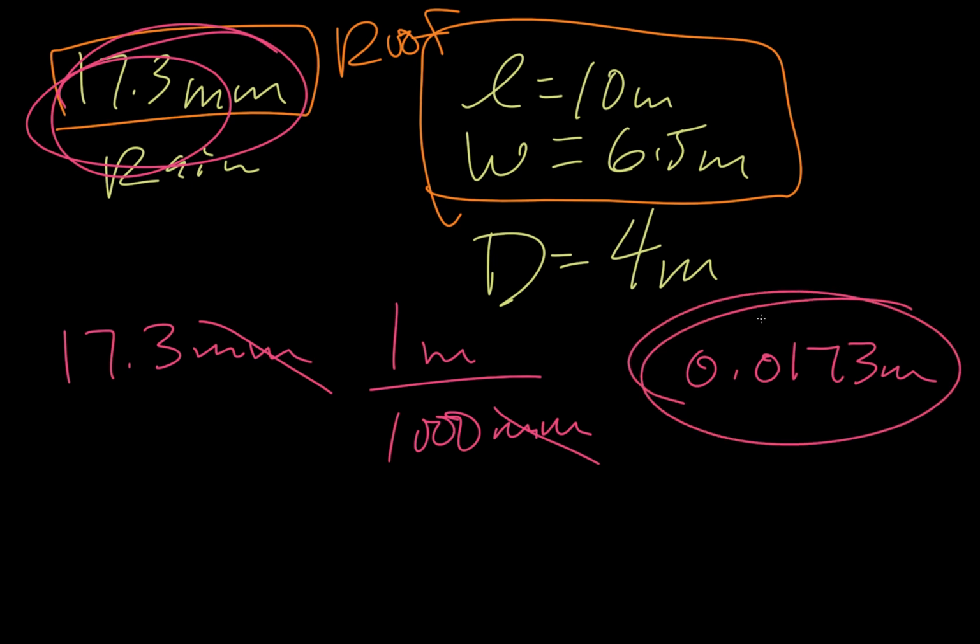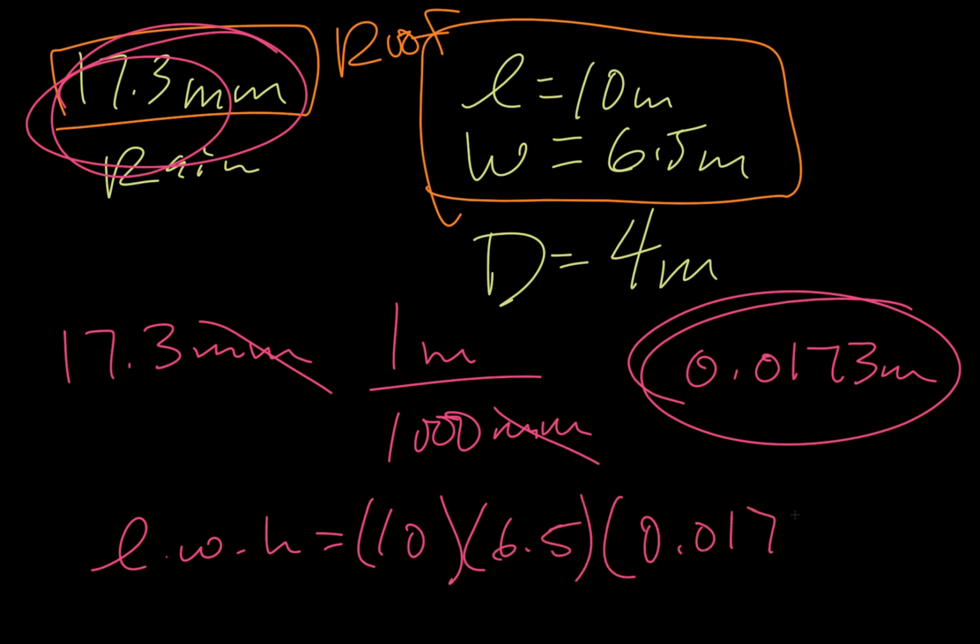Okay. And now when we're talking about the volume that's on the roof, we just have to do length times width times height, which is essentially the rain, the height of the rain. So we're going to go length, width, height, or 10, 6.5, 0.0173.